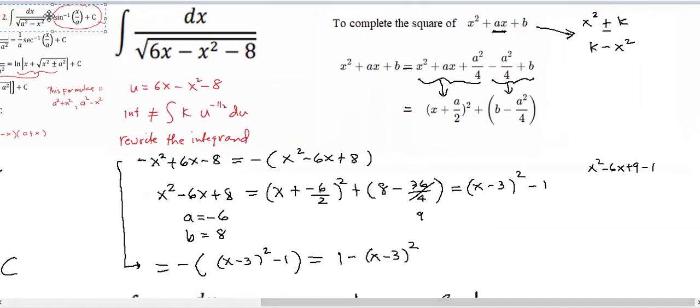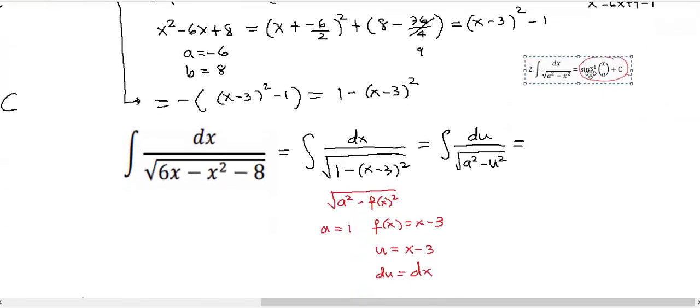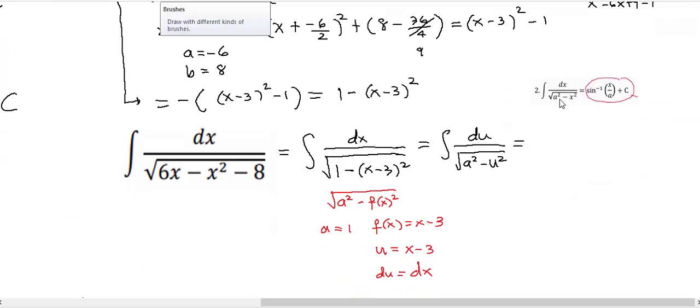So, integral of dx over square root of a square minus u square. This is sine inverse of u. Ano yung u natin? X minus 3.